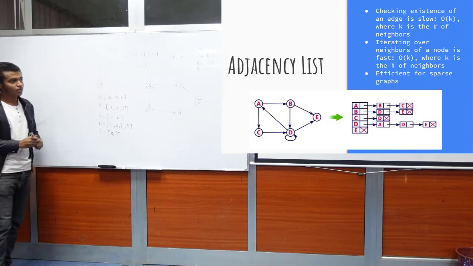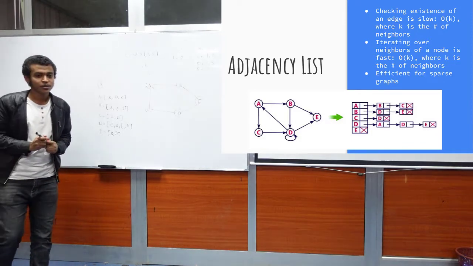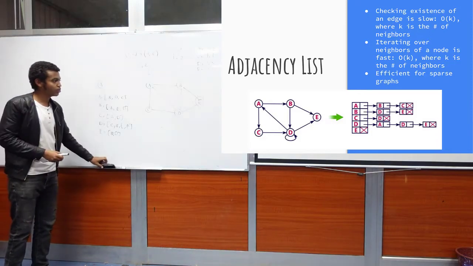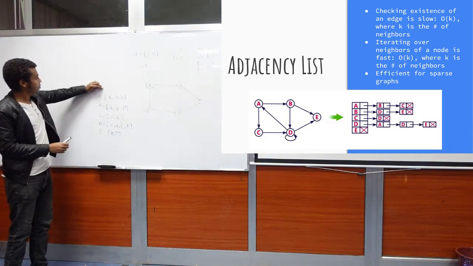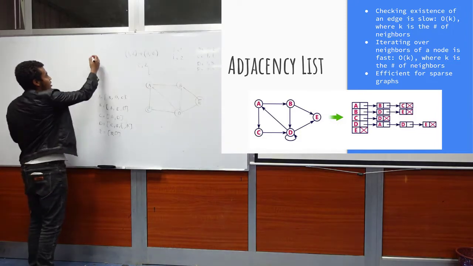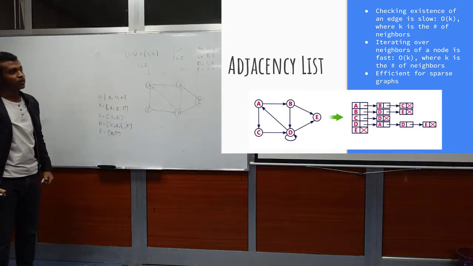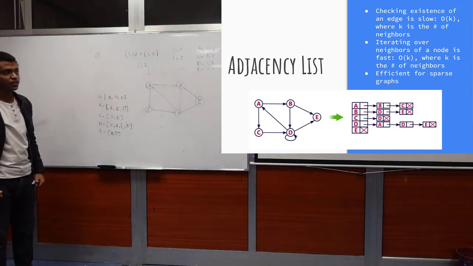So we chose A as a starting point, right? We have A right now. We go as long as we can find an unvisited node before backtracking.